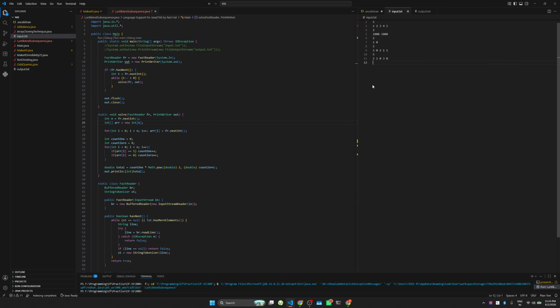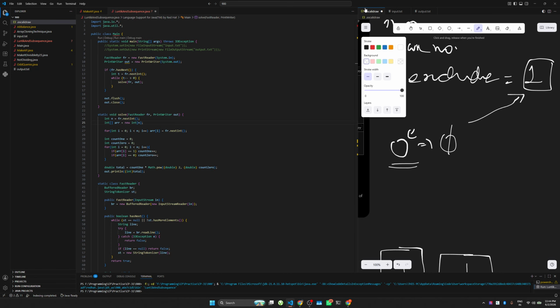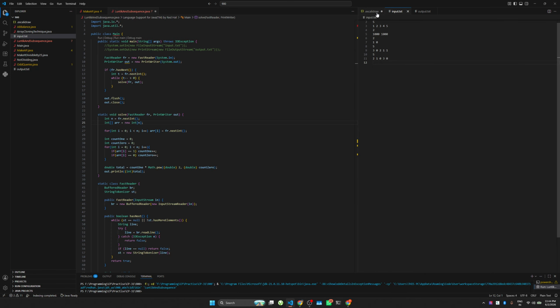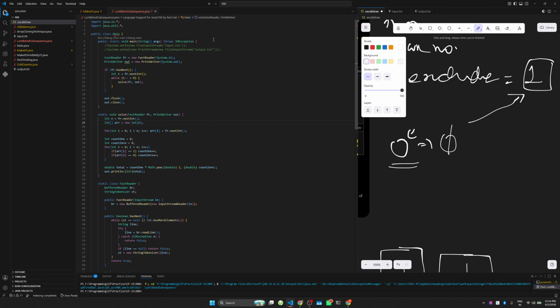I don't know if DP can also be done in O of n, but from my little experience, I think it's always n square or more. The normal recursion is exponential. Anyway, enough talk. Let us go and submit this problem.